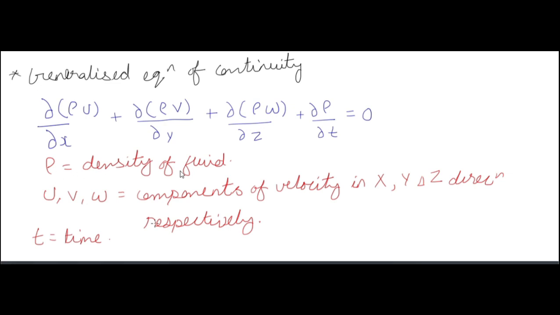Similarly, partial derivative of rho v with respect to y, and partial derivative of rho w, the component of velocity in the z direction, with respect to z, and partial derivative of density with respect to time, is equal to 0.